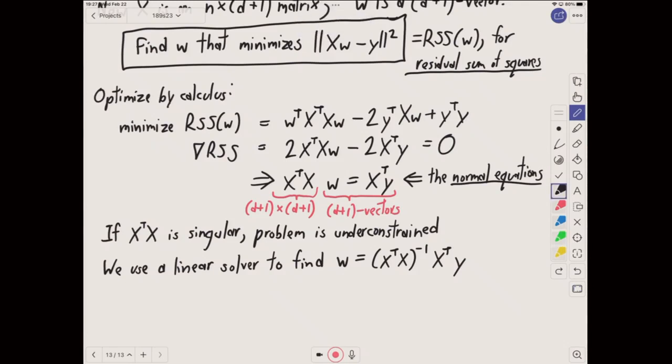So this linear transformation that we're applying to y has a name. It's called the pseudo-inverse of X. And the notation for that is X with a superscript plus sign, or sometimes a superscript dagger, depending on who's writing.